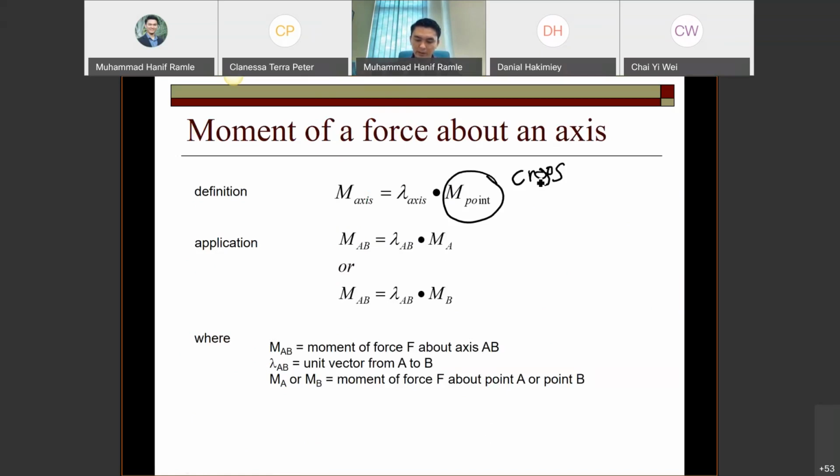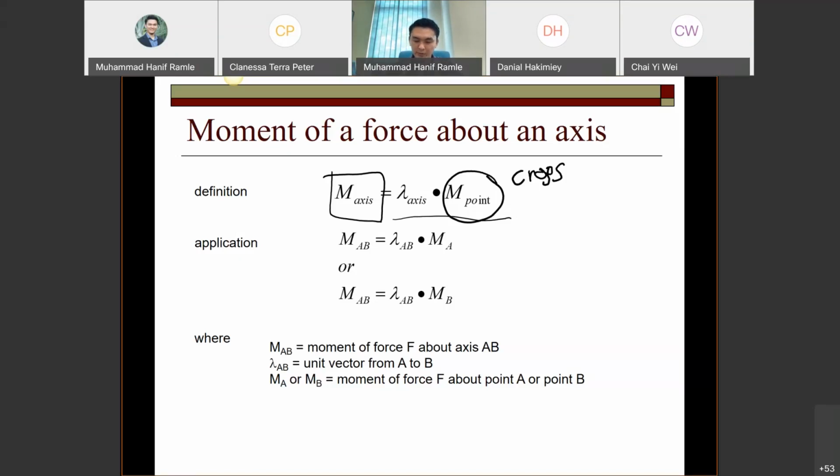The thing that you have to find is that the moment about an axis should be the dot product between lambda axis and moment of force about a point. This is the definition of a moment of a force about an axis. The equation is M axis equals lambda axis dot M point.